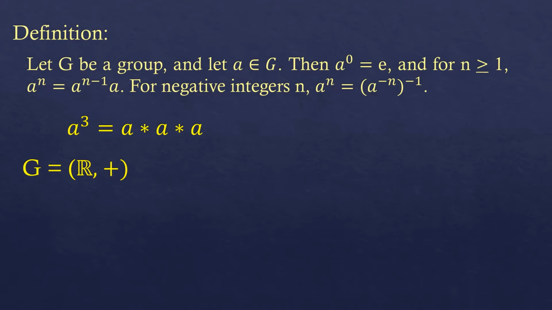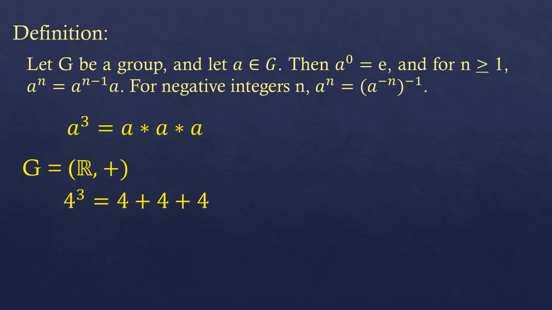Now let's say, for example, the set G is a set of real numbers under the operation addition. Okay, so this is a group. It satisfies all the requirements for it to be a group. And then let's get an element of a real number, which is actually 4. So 4 cubed is actually 4 plus 4 plus 4.